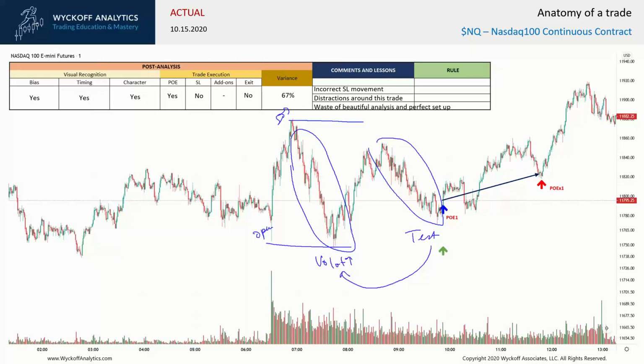All the characteristics of this test indicate that now is when I really want to have my antenna out for the opening opportunity. You get that little entry point, that entry point is great. The reaction that you expect happens, and it's at a higher low, which is exactly what you're expecting.